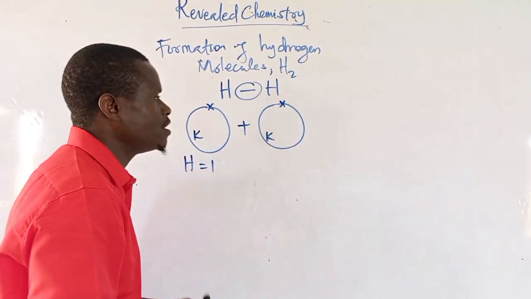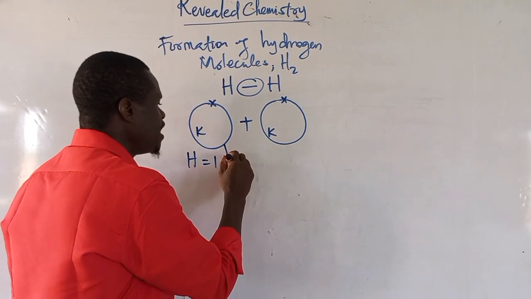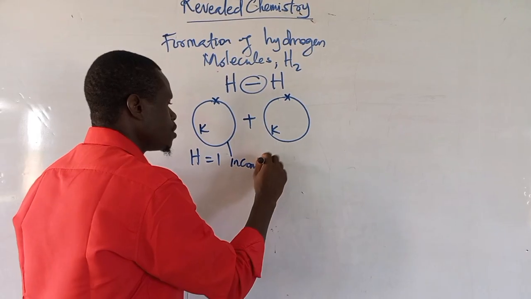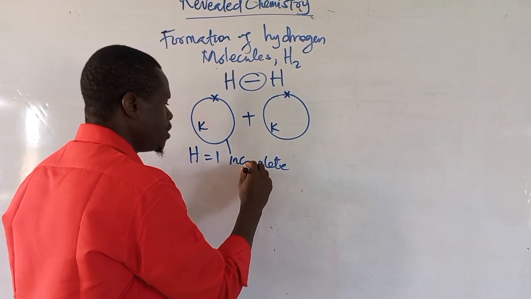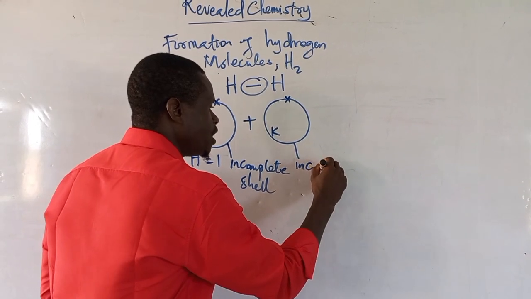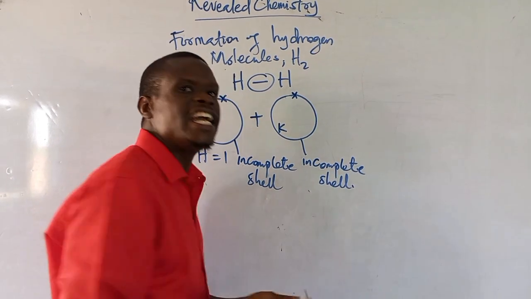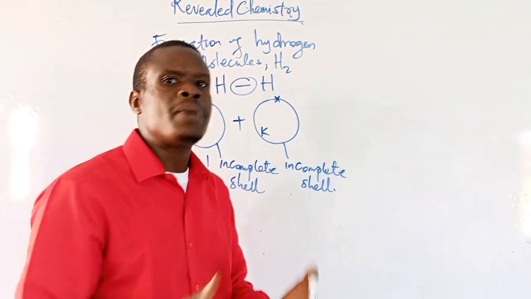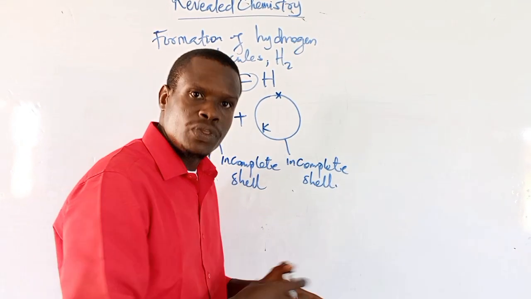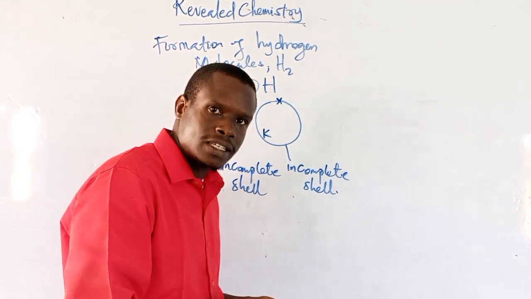Now, in covalency, we will call these incomplete shells. Here is an incomplete shell, and here is an incomplete shell again. Why are they incomplete shells? Remember that an atom is said to be stable when it is in a duplet state or in an octet state.